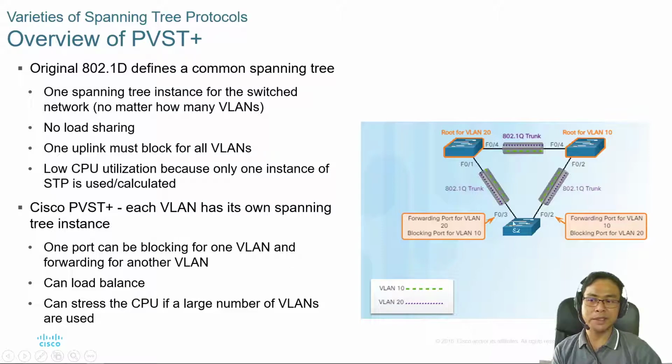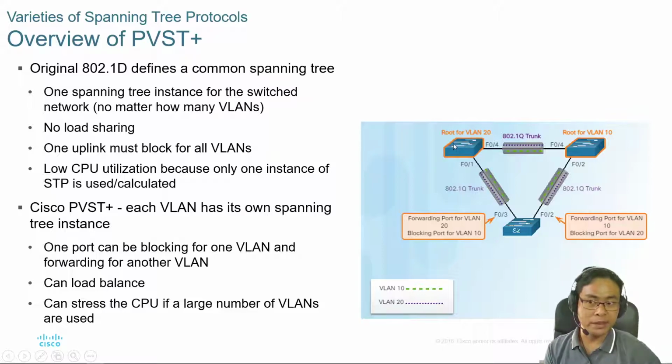So ito parang ganito sa diagram. This port Fa0/3 is forwarding port for VLAN 20. At the same time, it's blocking port for VLAN 10. Pwedeng ganon kasi it depends on who will be the winner.